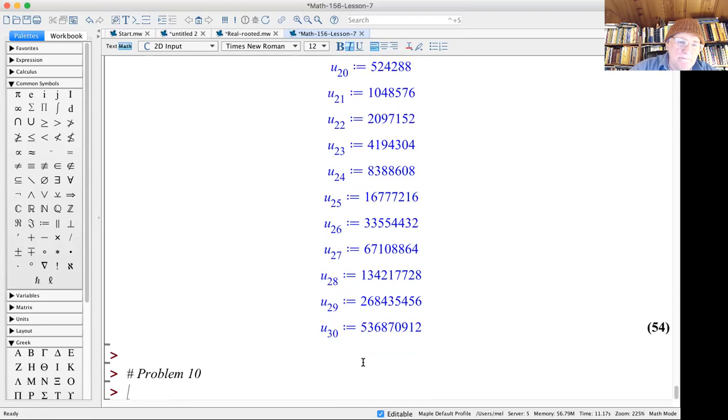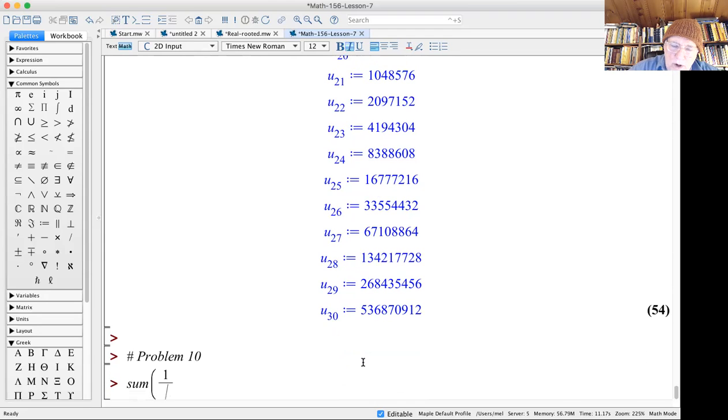Problem 10. Find the smallest positive integer where the sum of the reciprocals is bigger than 10. So let's do a little bit of experiment first. Suppose we take summation 1 over k. Maybe k goes from 1 to 15.